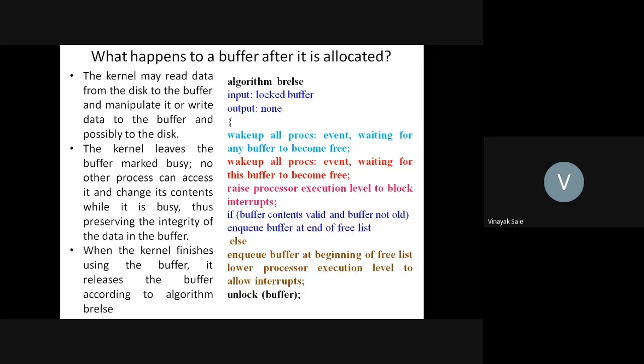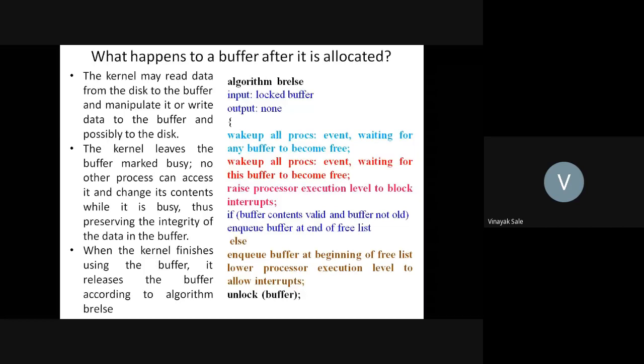Whenever the work is completed, that block is released and becomes free, as per the buffer release algorithm, brelse. Whenever that particular buffer becomes free, all sleeping processes wake up, including the processes waiting for that buffer.